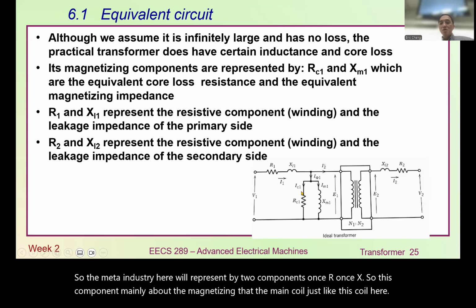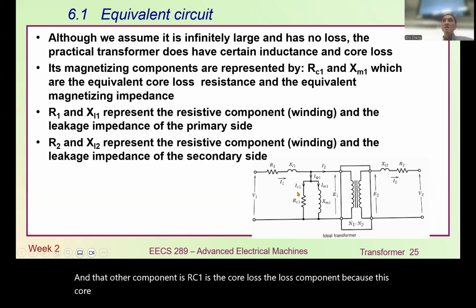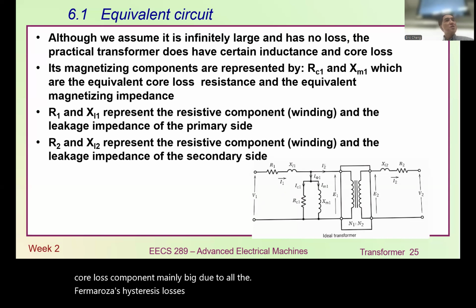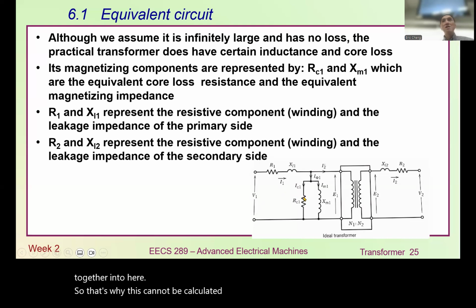And then another component, RC1, is the core loss component, because the core loss is mainly due to thermal losses, hysteresis losses, magnetizing losses, or eddy current loss, all lumped together into here. That is why this cannot be calculated directly. It all depends on the design and the material.